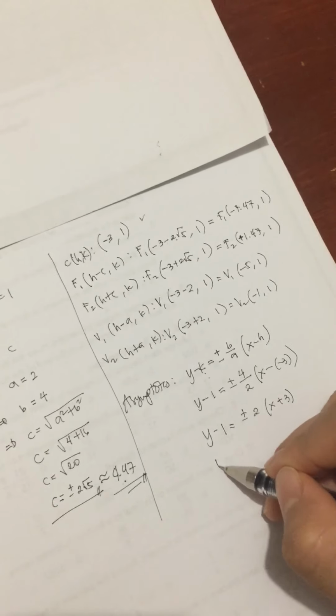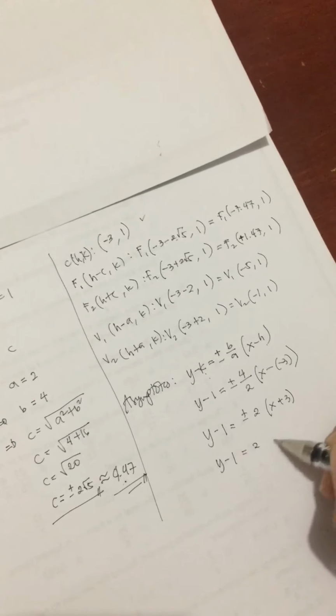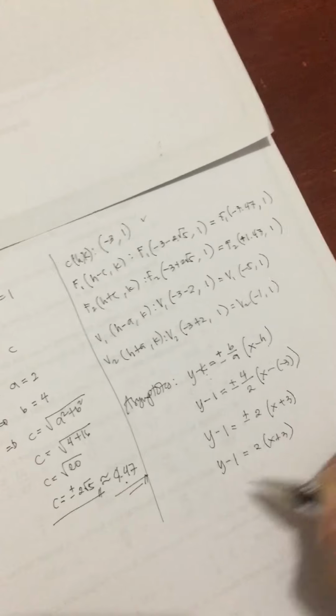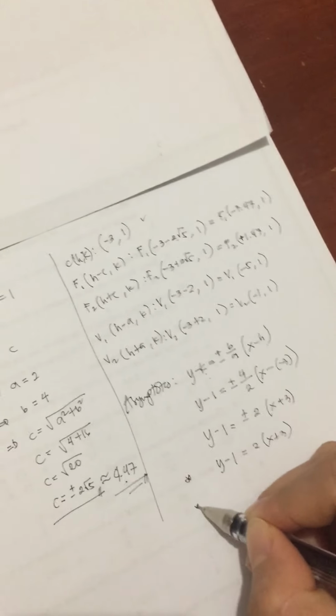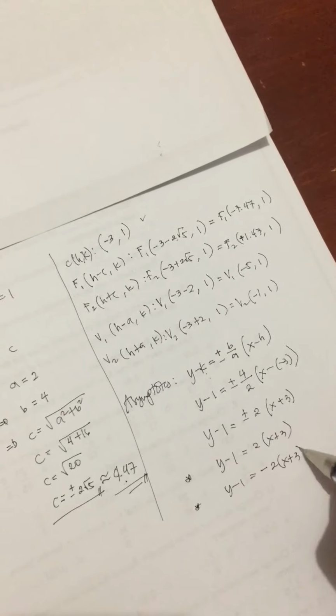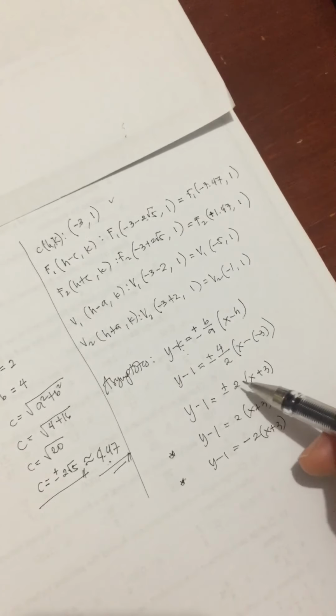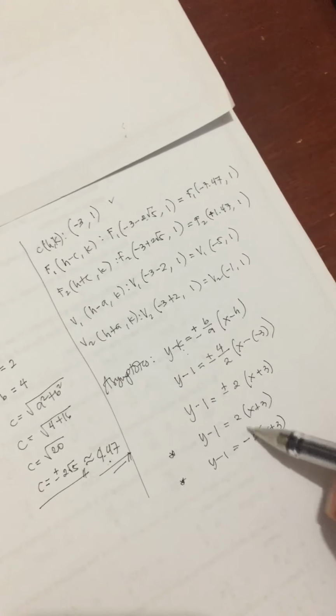We now have, simplify, y minus 1 equals 2 times x plus 3. So, this is your first asymptote. The second one would be y minus 1 equals negative 2 times x plus 3. Bakit dalawa? Kasi positive tapos negative. So, positive 2, negative 2.